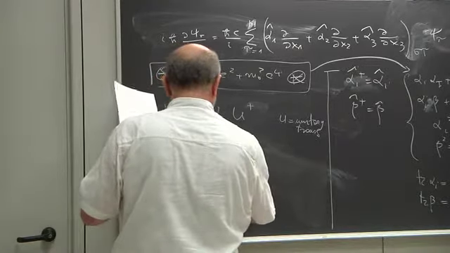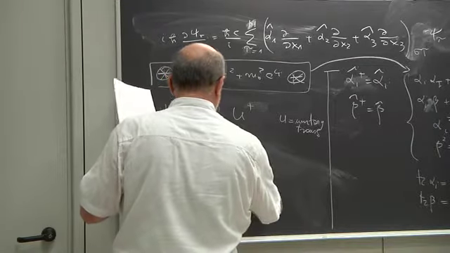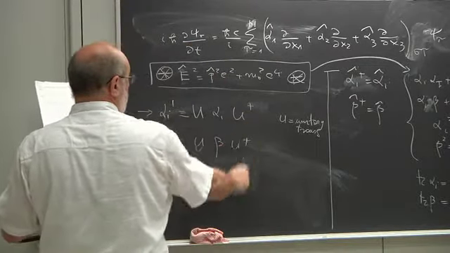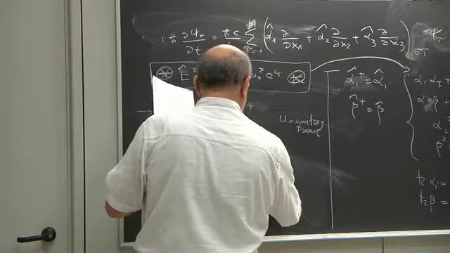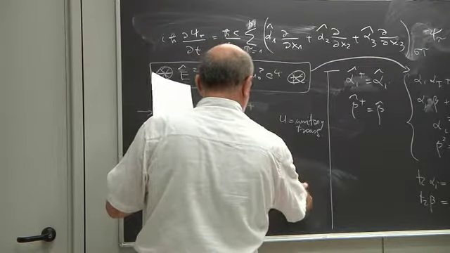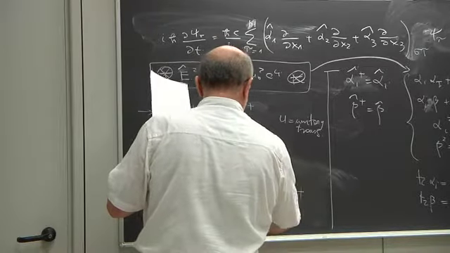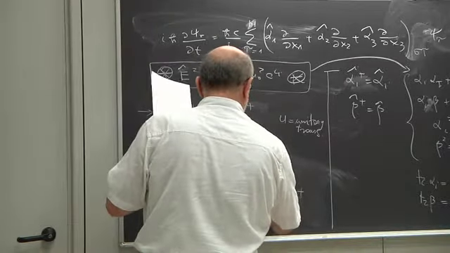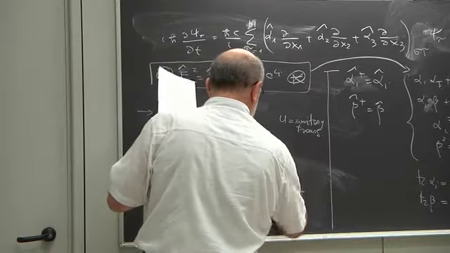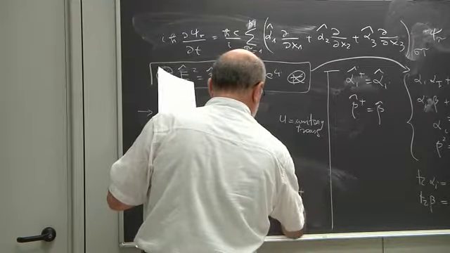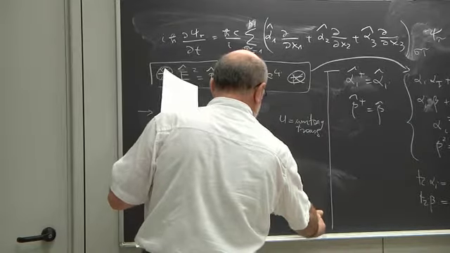They are equal to U alpha_i U^-1, because it's unitary so U dagger is U^-1, then U alpha_j U^-1, plus U alpha_j U^-1 U alpha_i U^-1.